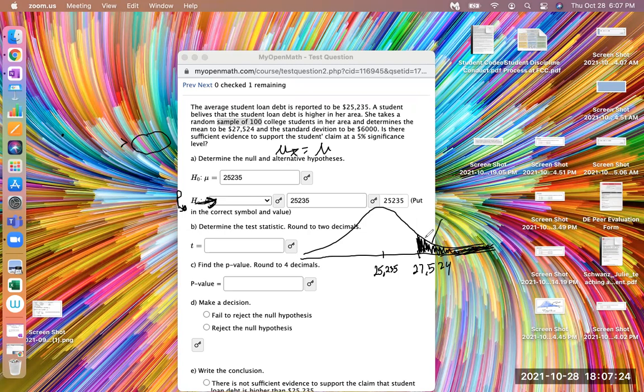And this area here is our p-value. It is the probability of me getting a sample like this, or as large as this, because this is considered a large sample if the mean is 25,000, as large as this or larger.